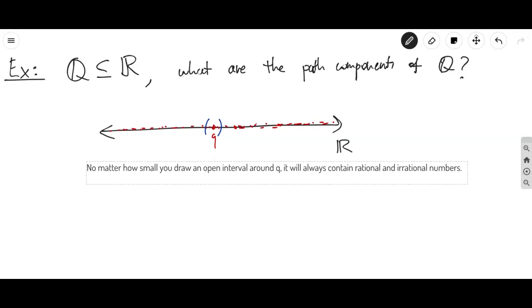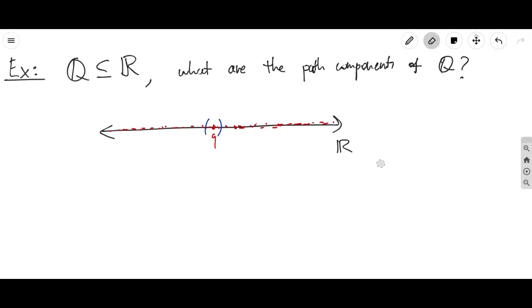Well, that's not what I want to say. That's true, but ignore this. So we claim that the only path components of Q are singleton subsets.